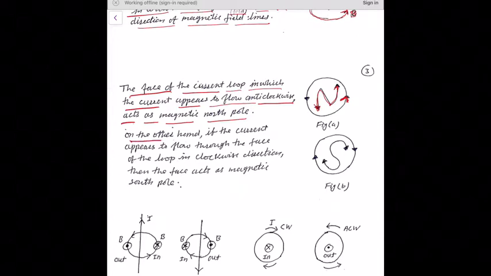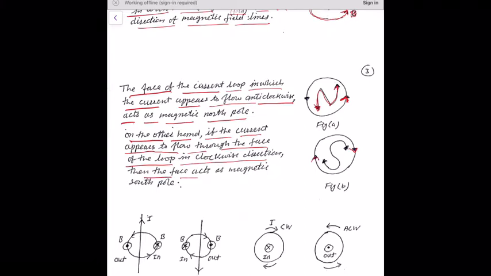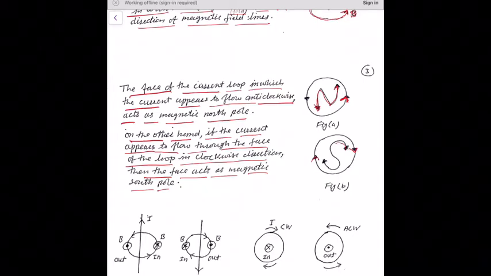On the other hand, if the current appears to flow through the face of the loop in clockwise direction, then the face acts as magnetic south pole. So the face of the loop represents S pole. Okay.